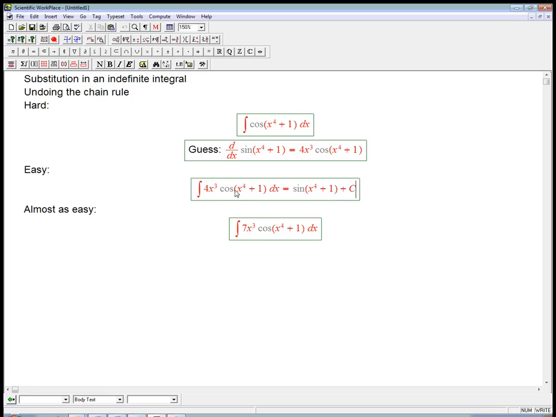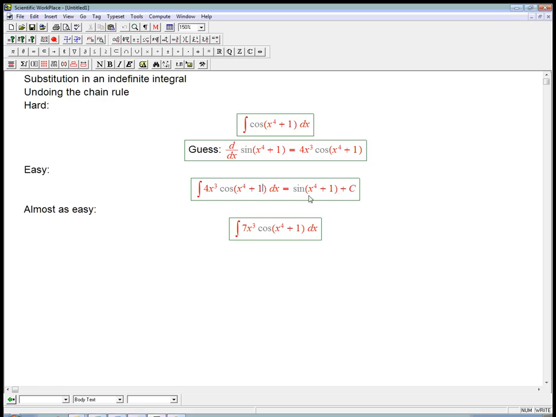So the situation here is that we had an outer function and an inner function, the typical situation for a chain rule. The outer function, we knew the antiderivative of just cosine of something, and I'm going to have a name for that something in just a second. That's sine of that thing. And we were so lucky that we were also staring at the derivative of the inner, which is exactly what you get when you take the derivative of sine of x to the fourth plus 1.